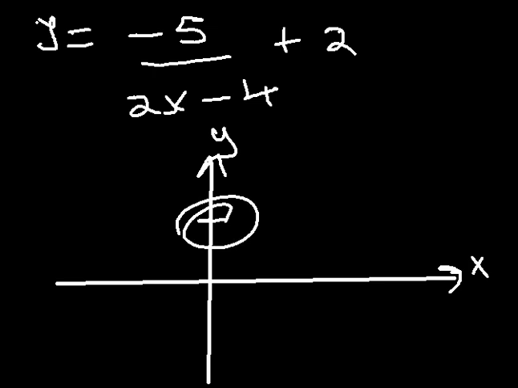But let's say this point is 2. Then the graph has to shift 4 steps to the right. So let's say this is position 4.